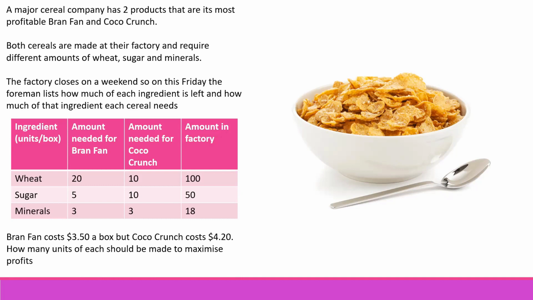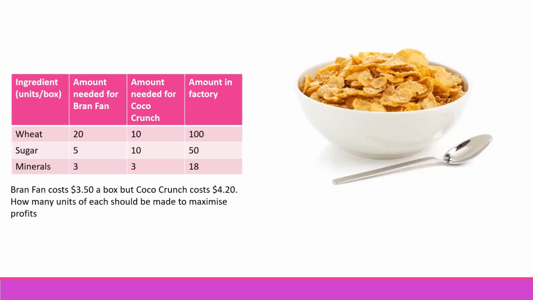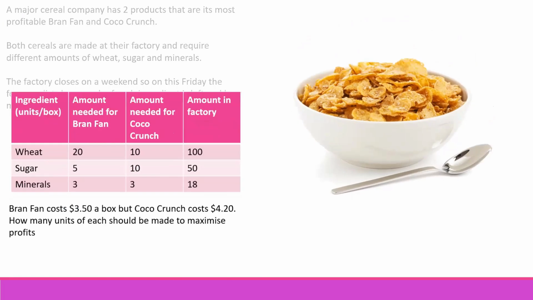So this graph is probably the most important part. You can see here with bran, because it's Bran Fan, obviously it's got a lot of fiber, it's going to need a lot more. Whoops, go back. Because I haven't got a pencil selected, of course.